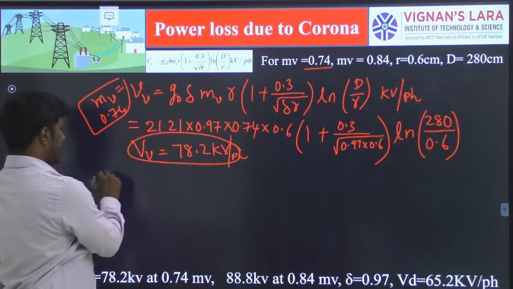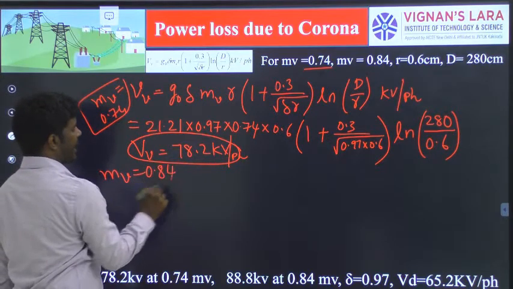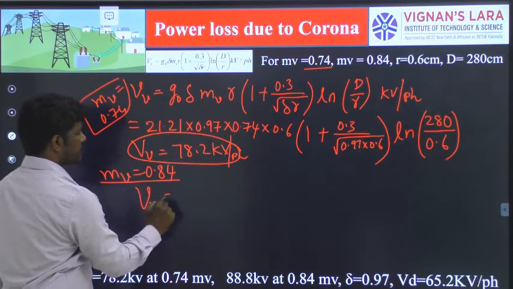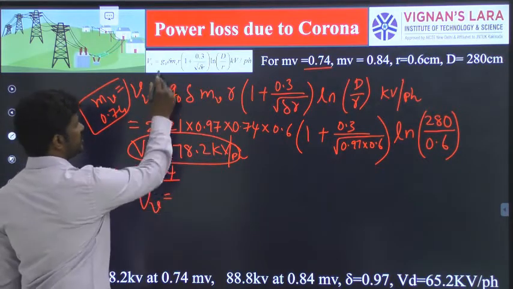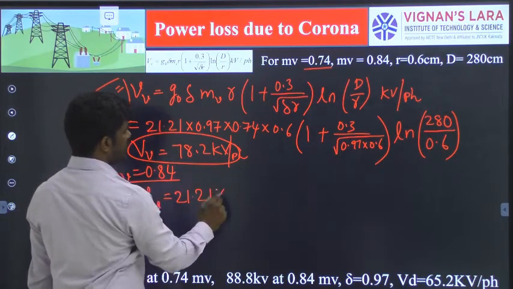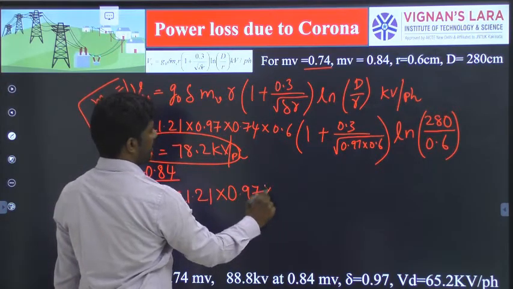0.74. For the next value of MV, whose magnitude is 0.84 as a general corona, we have to calculate VV. So now the magnitude of VV is G naught as per formula 21.21, to be multiplied with delta 0.97, MV.